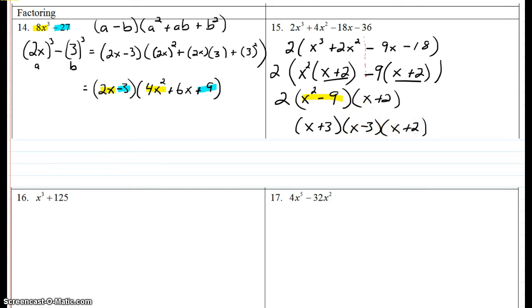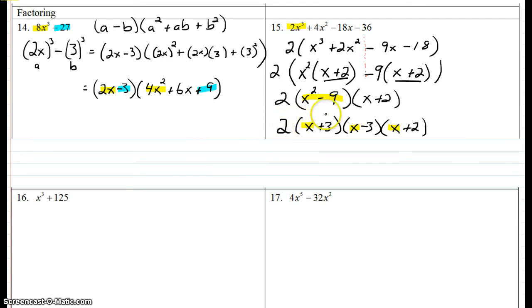So one of the most common mistakes students make is they don't check their work. So if I go x times x times x, I get x cubed, but something's wrong because it should equal 2x cubed. And that's because most of the time students will forget to bring that 2 down.